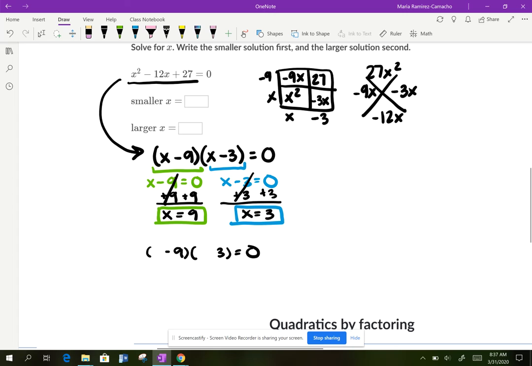What happens if you plug in a 3 instead? Still going to get 0, because we're going to get negative 6 times 0. That's equal to 0. Okay, so it works.